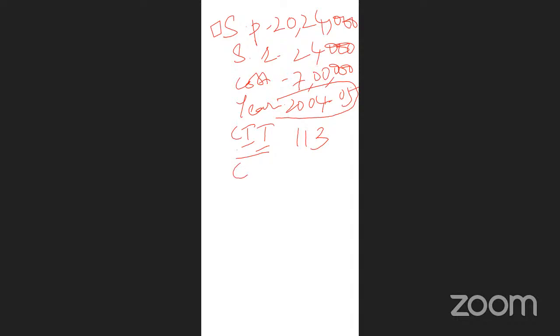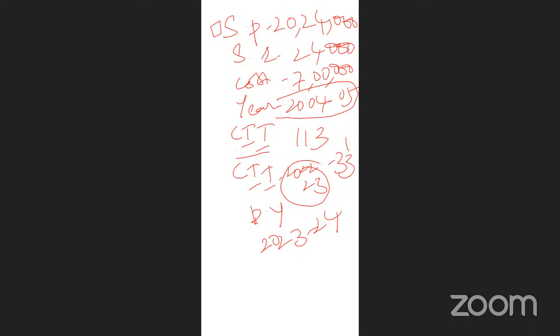Now the CII, that is cost of inflation index, in 2022-23 is 331. Why have I taken 2023? This is our previous year, the year in which we are selling our house. And our assessment year is 2023-24, the year in which we are paying the tax. So this is the question.